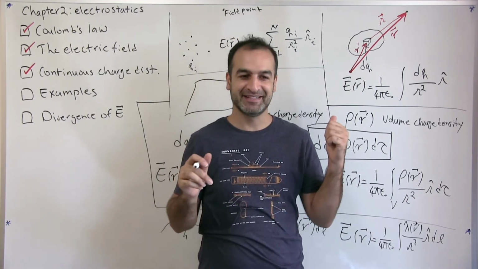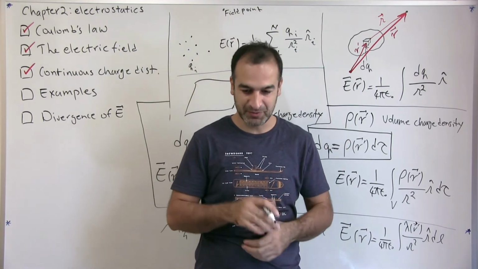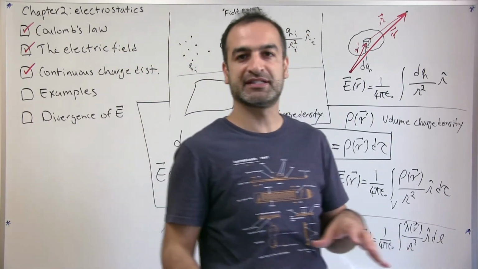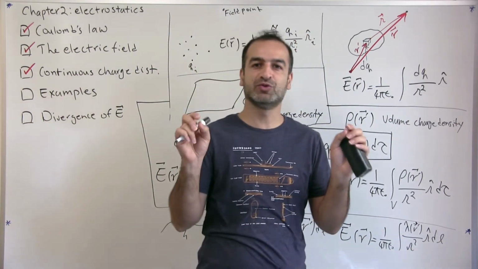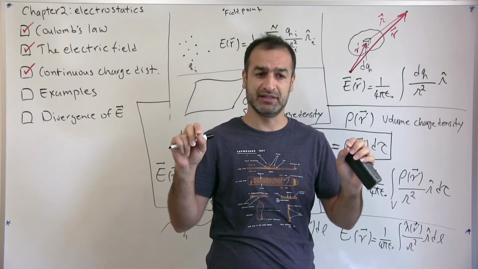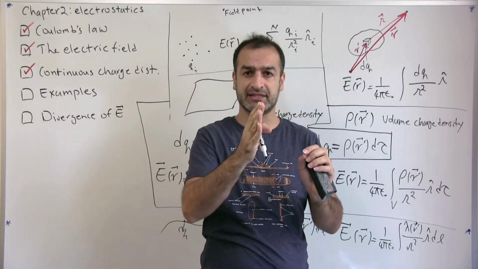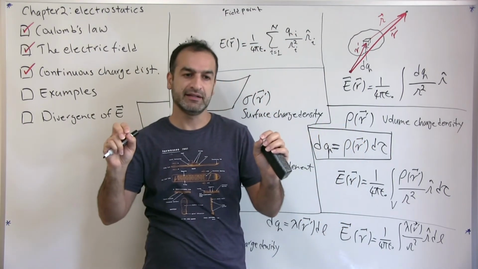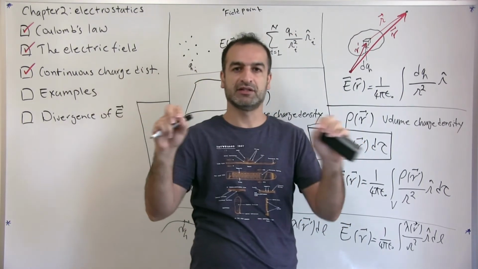Shall we continue here? Okay, there's one example I want to do, and this is similar to the previous example. Previously we had two point charges. We tried to calculate the electric field on the z-axis at a position above the two point charges. Here, the example is a line charge distribution.